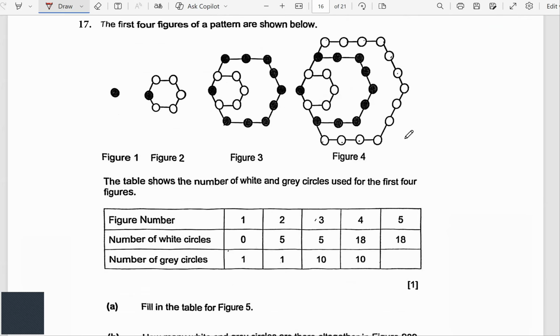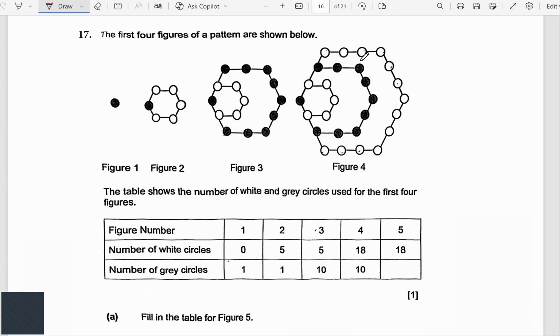If you were to draw the next figure, figure 5, you are going to increase the number of the gray circles. You can draw if you want to confirm the number of circles.